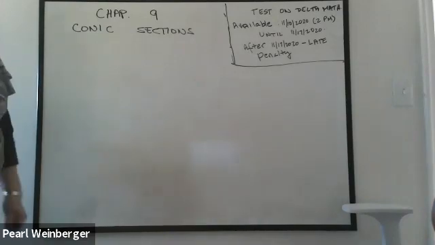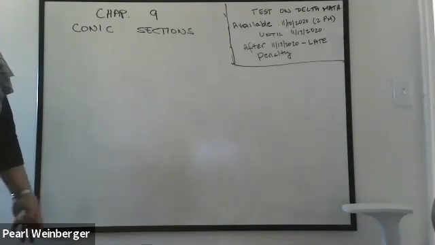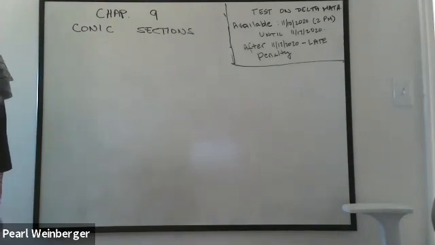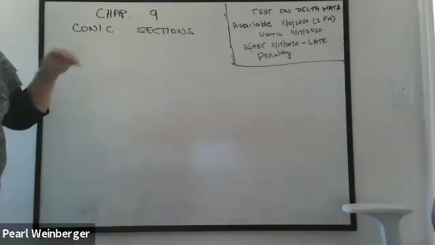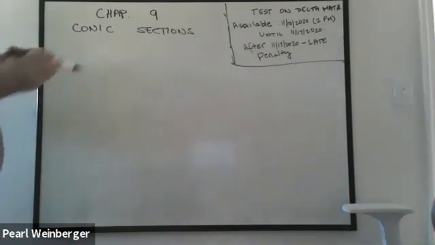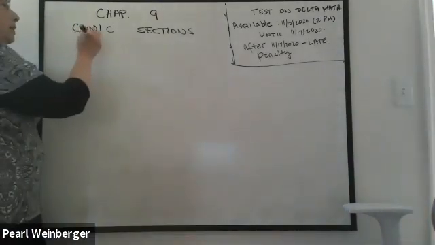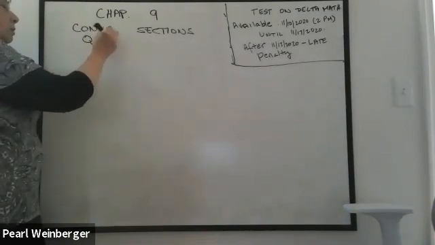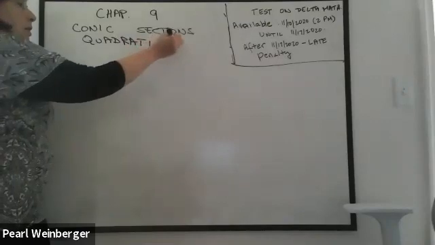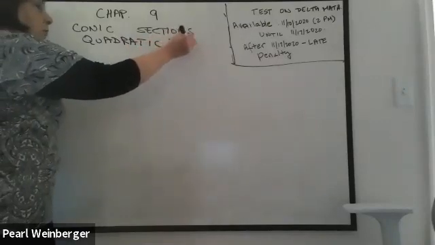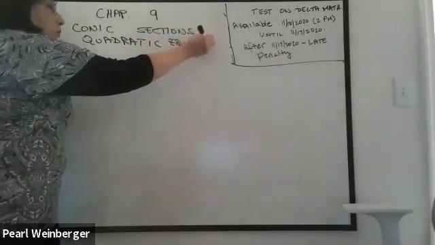At the beginning of the term, chapter 2, I think already, we talked about graphing of linear equations, how to graph lines. We're now going to be talking about graphing of quadratic equations, in other words, equations that have an x squared in them.